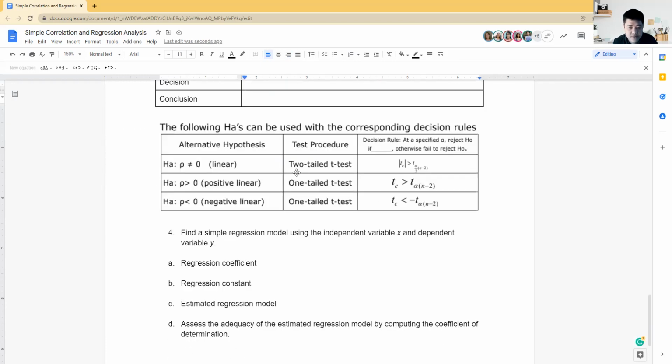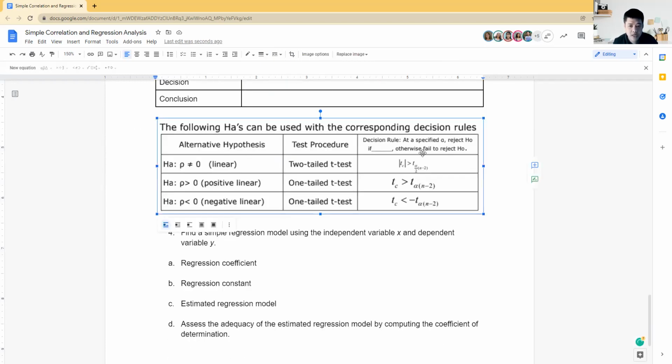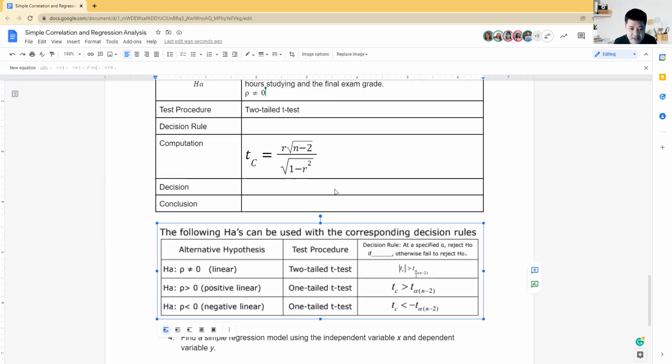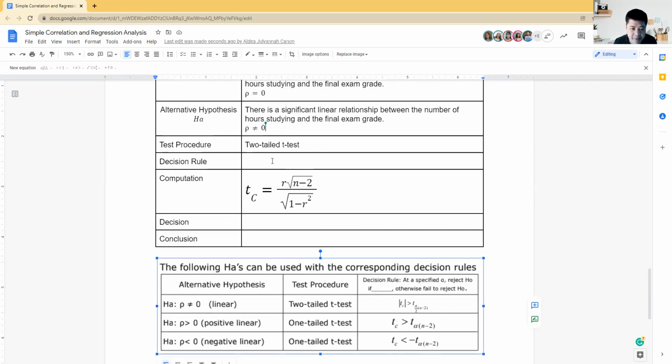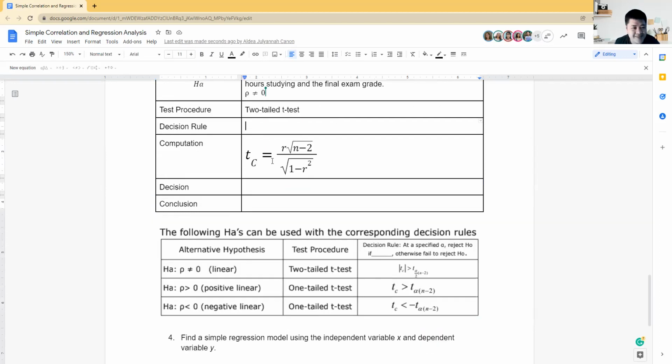So dito, this is what we're going to follow. You can also see this on the lecture slides. Since our alternative hypothesis is not equal, so two-tailed t-test. How about the decision rule? How do we write the decision? So you can complete this at the 5% level of significance, reject.